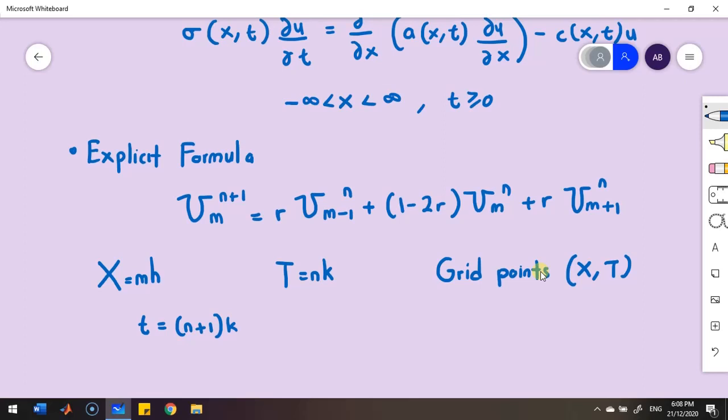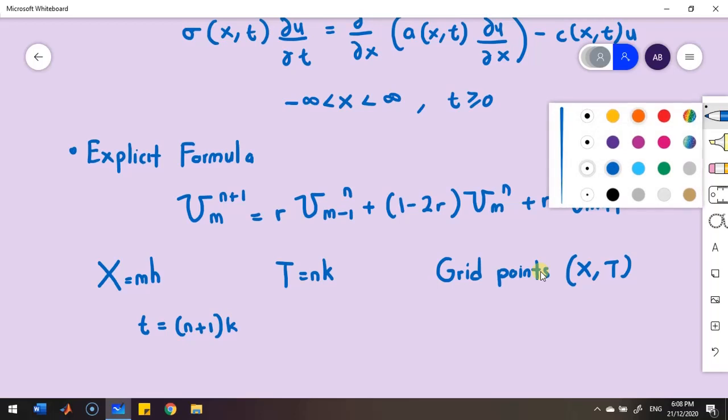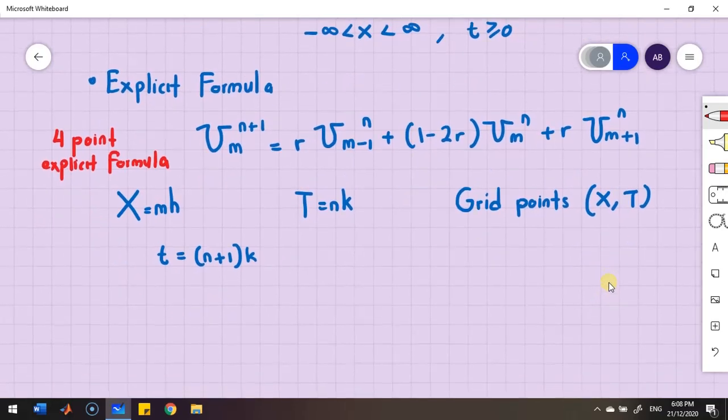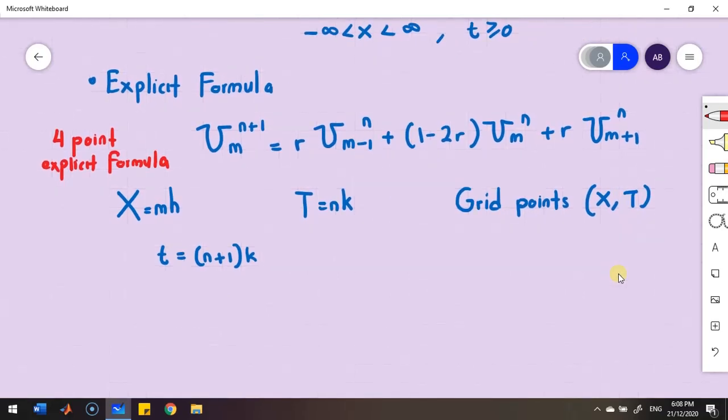Okay, so we're going to look at this equation here. Now I'll go back to this. We call this a 4-point explicit formula. The 4-point explicit formula can be written in a computational molecule, such as given here. It's easy to remember this molecule than remembering the formula itself.